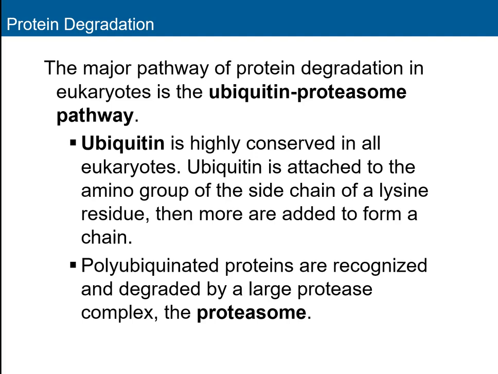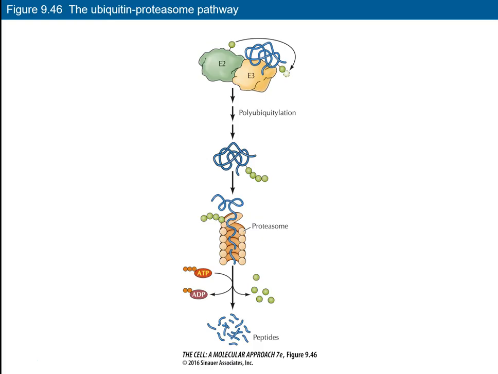They get recognized and degraded by a large protease called the proteasome. Think of the proteasome as a whole bunch of proteases, or enzymes, that will chew up proteins, and its function is to break that protein down and get rid of it because it's not functioning properly.